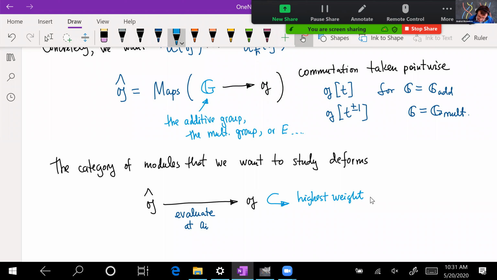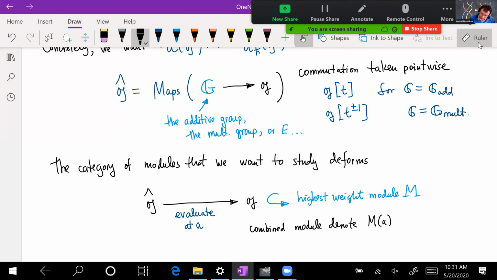But let's say, I'll say highest weight module M. And so you first evaluate at some point, maybe a. And so this combined module we denote M of a.